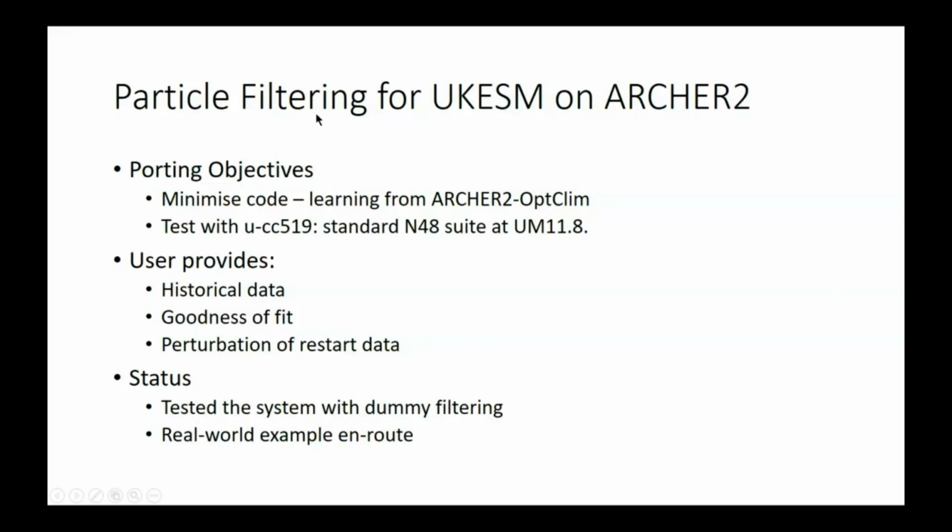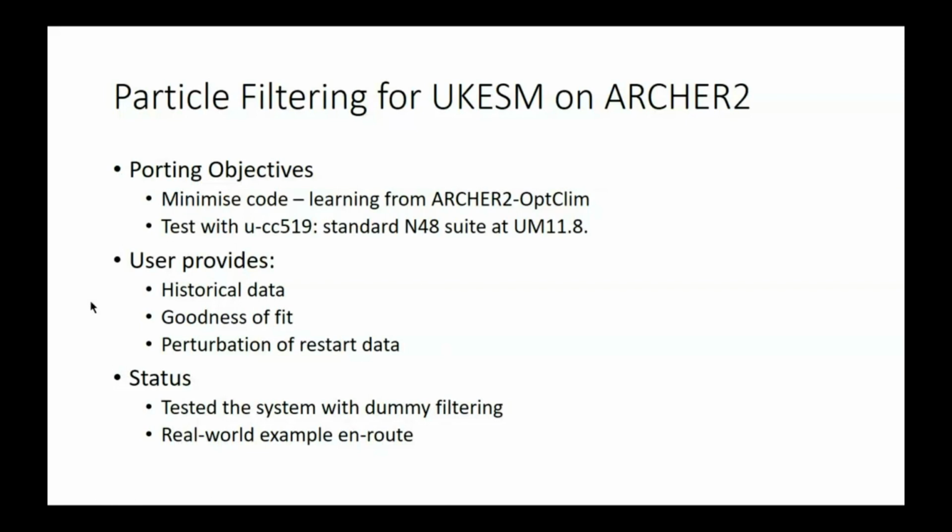And so in running with particle filtering, the user needs to provide the historical data, the analysis that gives the goodness of fit of each model instance to the historical data, and determine how they wish to make perturbations before one of the particles is restarted.